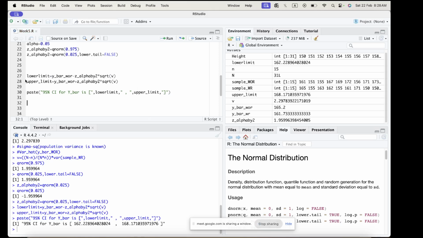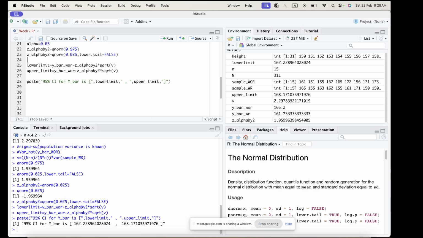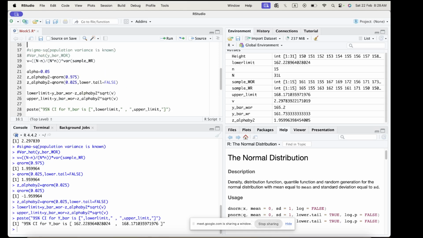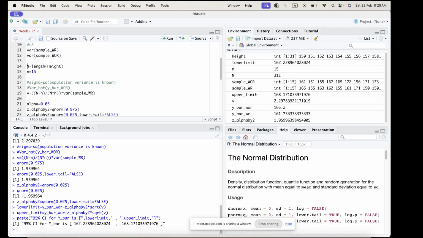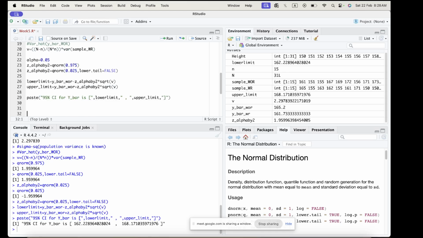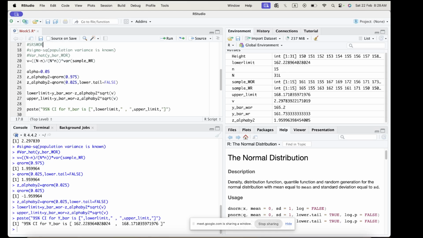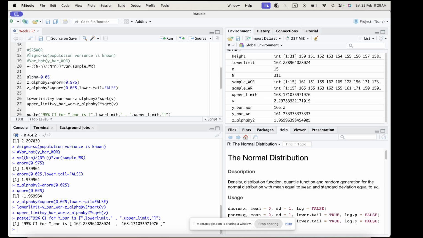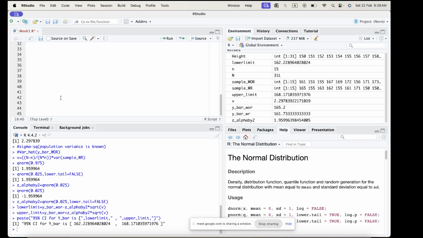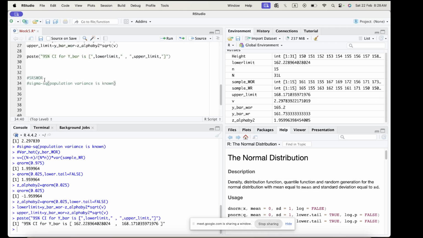Okay, now this was the case, currently let's say I am working with SRS WOR, if sigma square is known. Now let's say I have the same thing, but here sigma square is unknown.